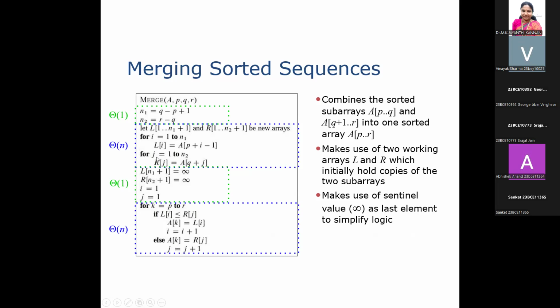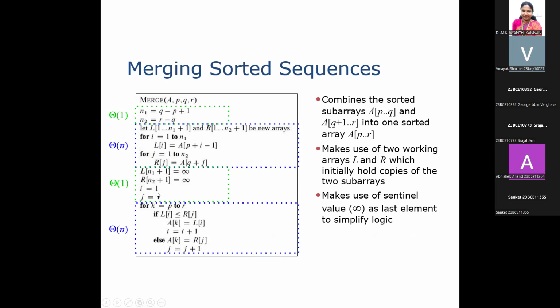Again, the j loop we repeat for 1 to n2 times. Every time we iterate, we need order of 1. So this for loop needs order of n. The i loop is order of n, the j loop is order of n. And again, it is an arithmetic assignment statement, order of 1.